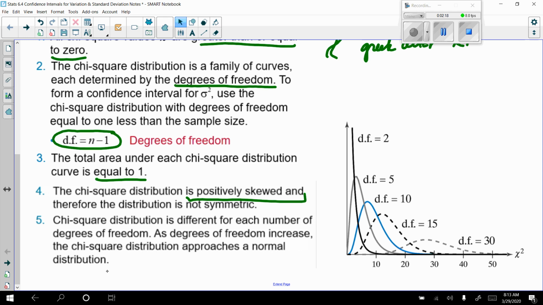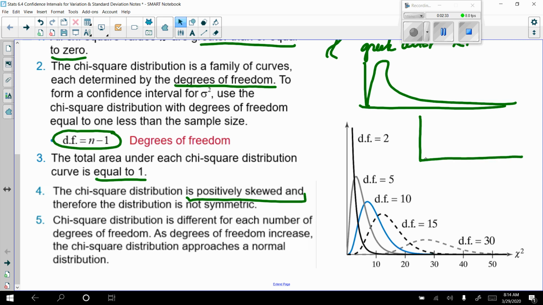And the chi-square distributions look different based on the number of degrees of freedom. So when it has a low number of degrees of freedom, it has a very high peak with a very long tail. When it has a higher degree of freedom, that peak is going to move over, it's going to get shorter, and it's going to go farther over. So based on looking at this picture, we start with a low number of degrees of freedom.